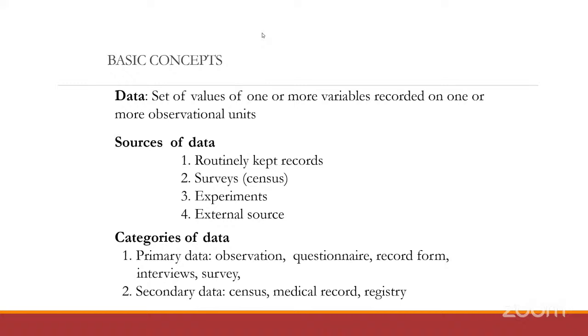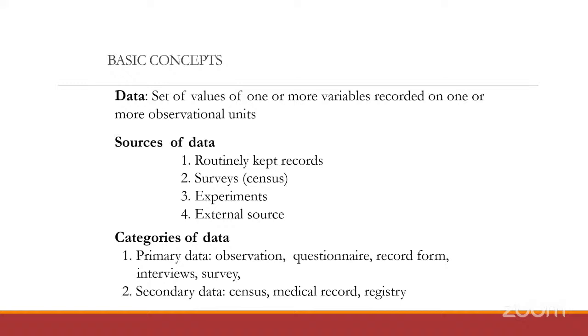We can collect data from surveys or census, experiments, or external sources. The data we collect ourselves from the field is called primary data. It may be observation, interview, or survey. And if someone else collected the data and we are using it, that is called secondary data.